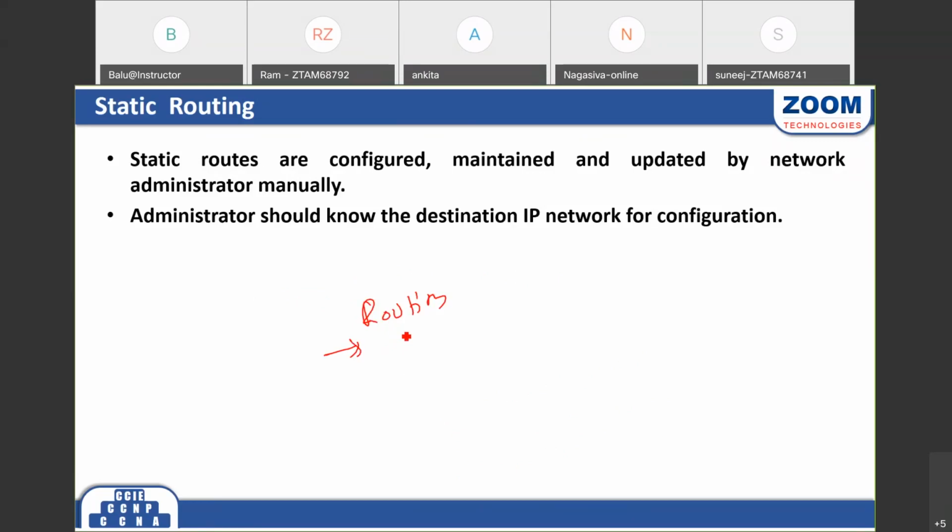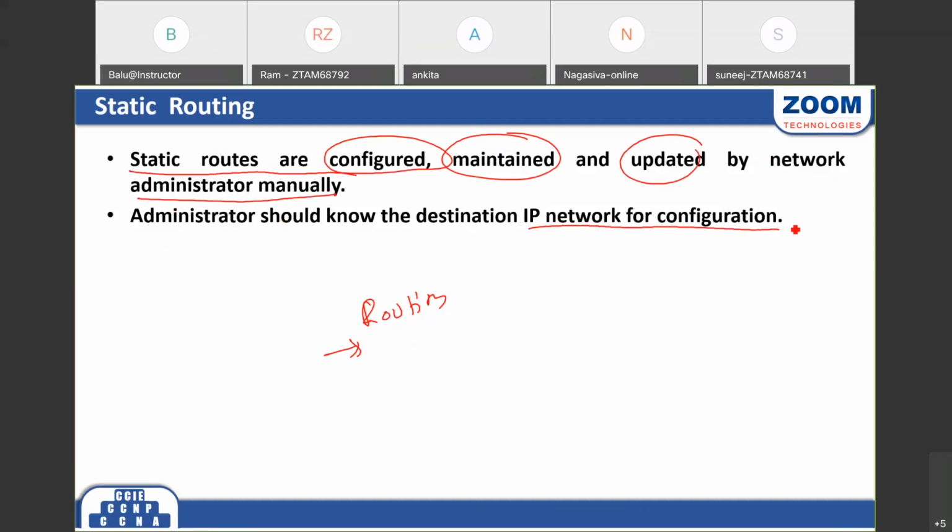So the routing part. Which routing have we covered now? In this class, which routing is covered? Static routing. So what is static routing? As clearly shown on the screen, static routes are configured, maintained, and updated by the network administrator manually. To configure static routing, the network administrator should know the destination IP networks.